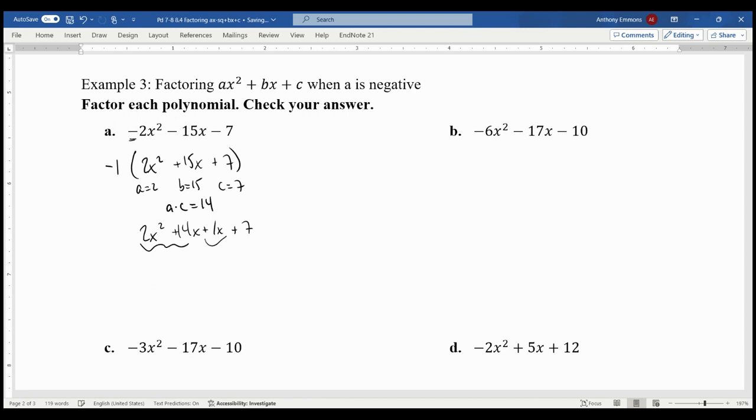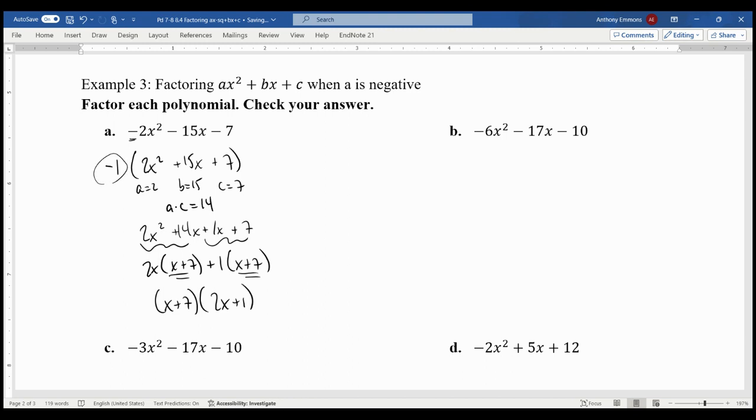Okay, greatest common factor, 2x, x plus 7. Greatest common factor, if you can't think of anything, plus 1, x plus 7. Common binomial, there you go. X plus 7 times the rest, 2x plus 1. What happened to this negative 1?